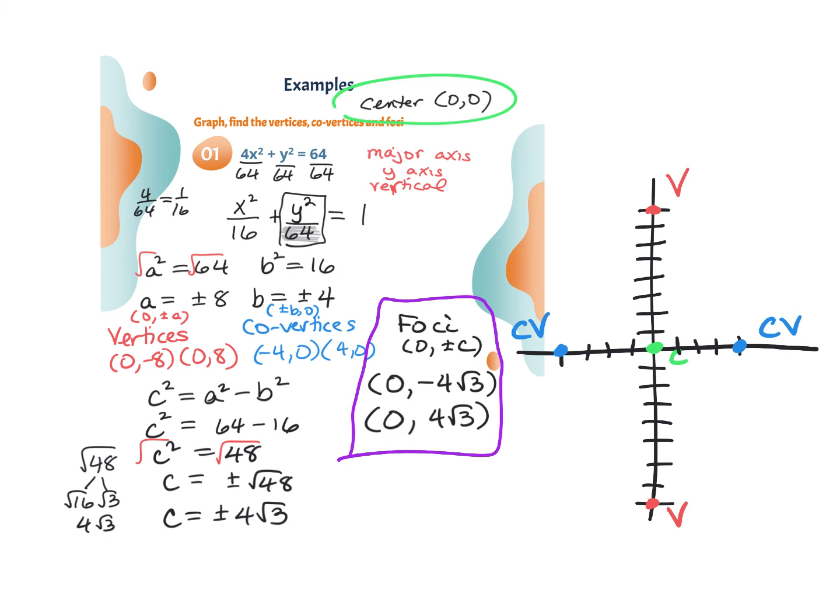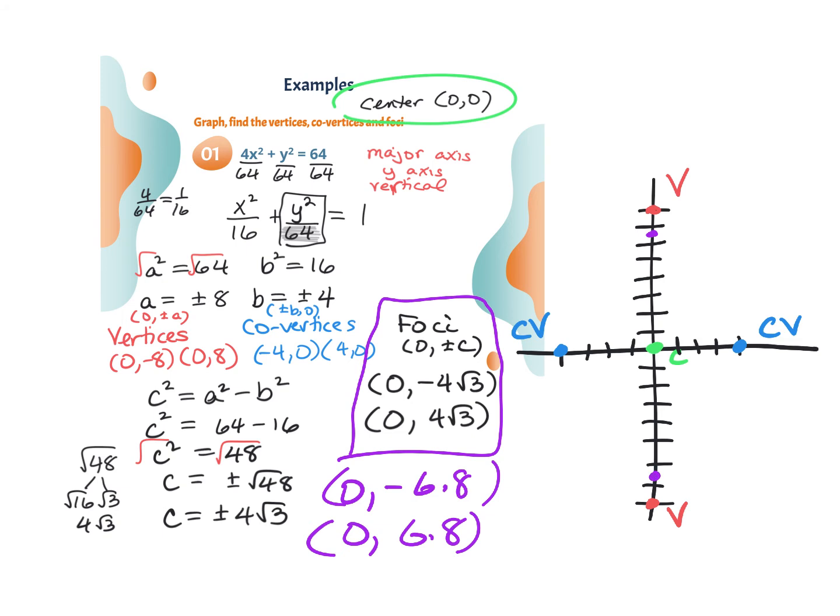So once I do 4 times 1.7, the foci I'm going to graph will be at negative 6.8 and positive 6.8. So I can go ahead and add that in. 1, 2, 3, 4, 5, 6, so about right there.